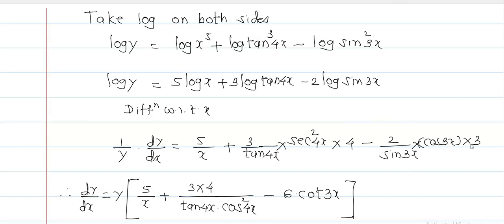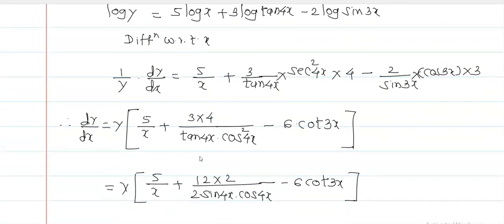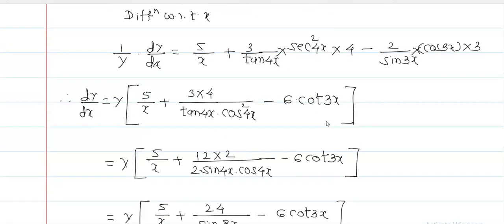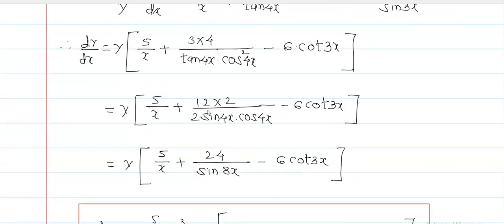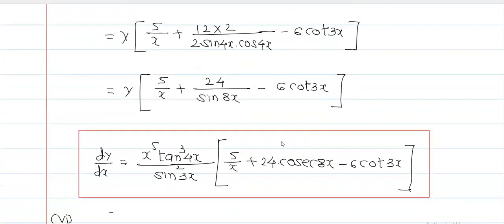Derivative of 3x is again 3. dy by dx is equal to 5 upon x plus 3 into 4, 12, tan of 4x into cos square 4x minus 6 cot of 3x. Again simplification: 5 upon x, 12 into 2, 24 upon sin of 8x minus 6 cot of 3x, and that's dy by dx. This is the answer.